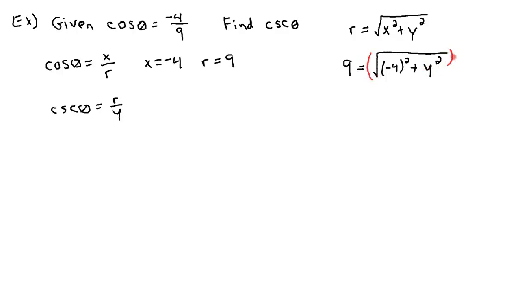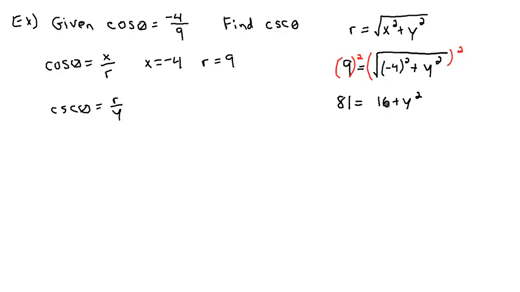So say if we had this in parentheses, we want to square it, which means we also want to square this left side. So now we're left with 9 squared, which is 81 on the left side, and then -4 squared, that's going to be 16 plus y squared. Remember that this squaring gets rid of the radical up here.